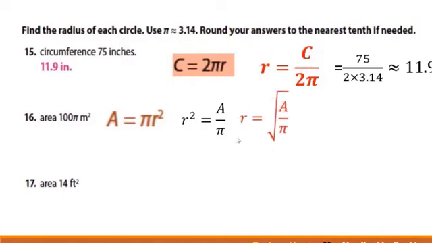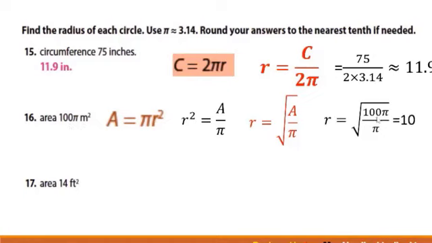This is your rule to find just r: to cancel the square 2, I take the square root. So r is the square root of area divided by pi. My area is 100 pi, so I put 100 pi like this, divided by pi. Pi cancels pi, because anything divided by itself equals 1. So my answer will be the square root of 100, which is 10.